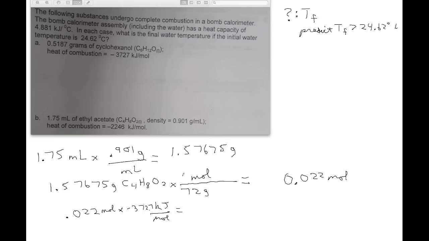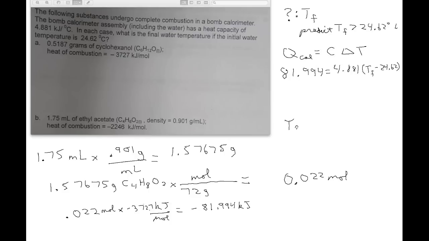So we can add 120, and that's 160 is equal to 4.881 TF. And that is equal to 33 degrees Celsius, which matches my prediction.